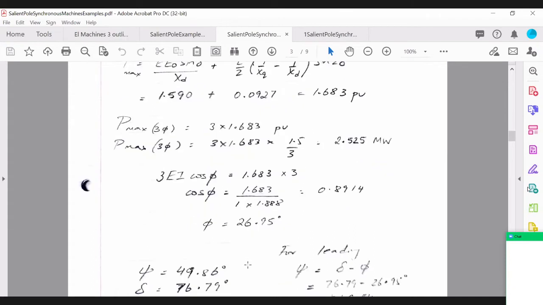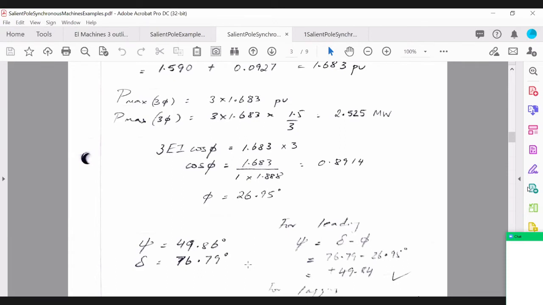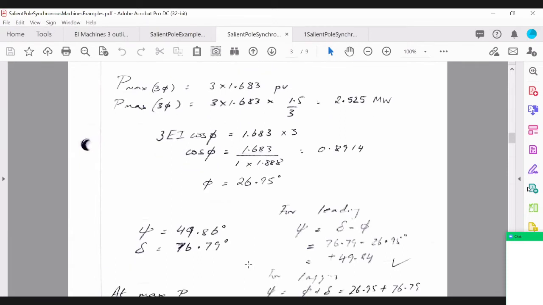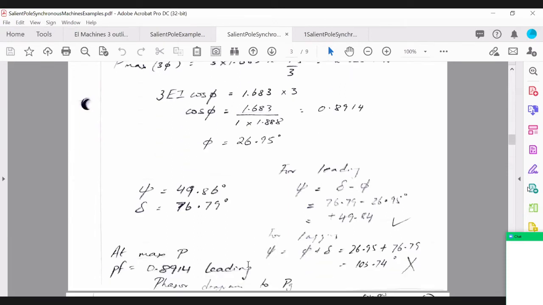As you can see, in this question we were not sure what power factor the machine is operating at.